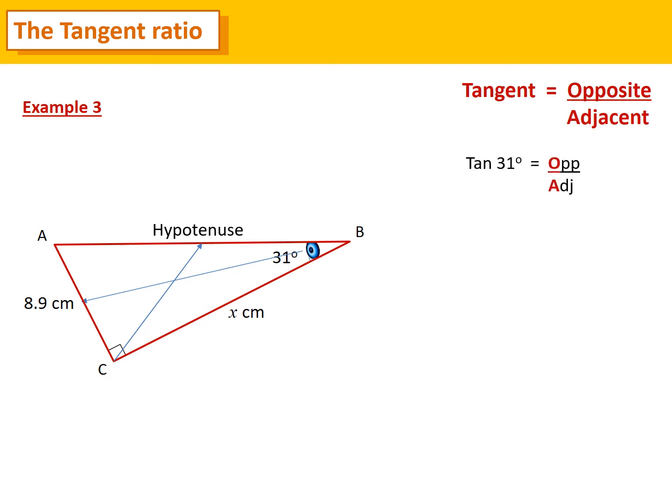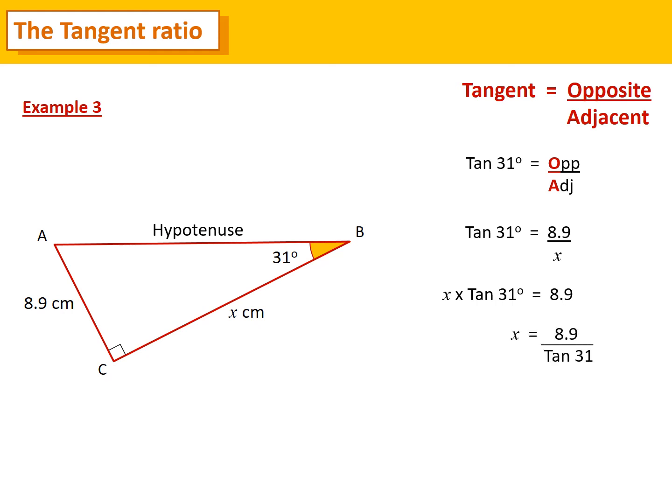Tan of the angle is opposite divided by adjacent, so that would be 8.9 divided by x. Multiply both sides by x to get rid of the fraction, and to leave x on its own, we have to divide both sides by tan 31. Tap that into the calculator and round off to 1 decimal place.